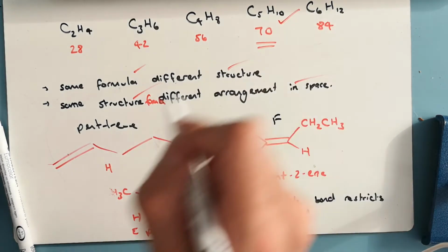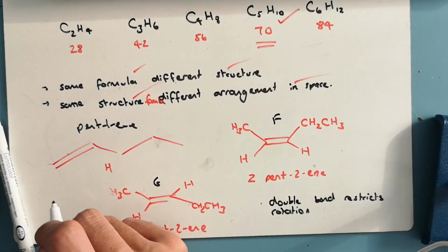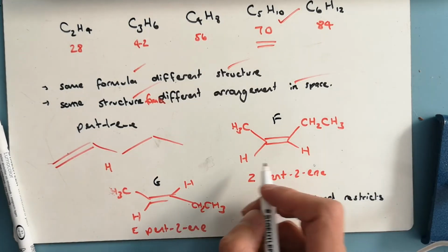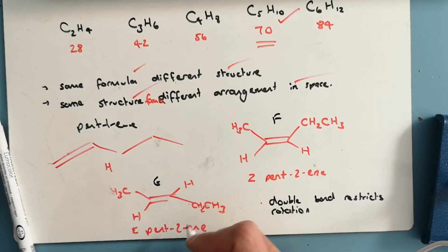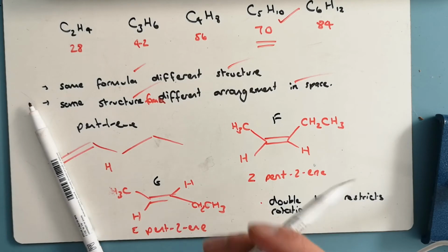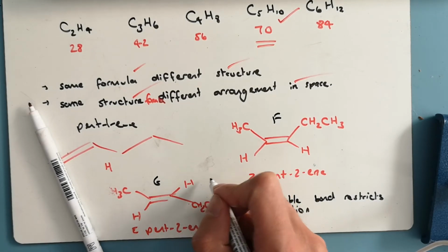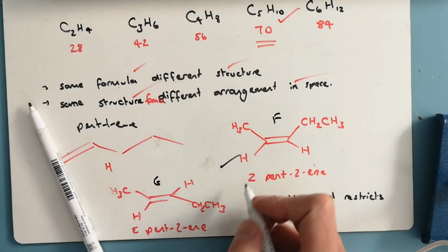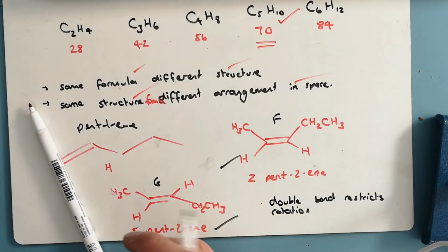C5H10, some way showing that you've done that, that's 1 mark. F and G. So 1 mark for saying F and G, 1 mark for correctly identifying EZ isomers. So 1 mark each for these structures. So that's 2, 3, 4, 5. So 6, and 1 mark for doing E and Z.